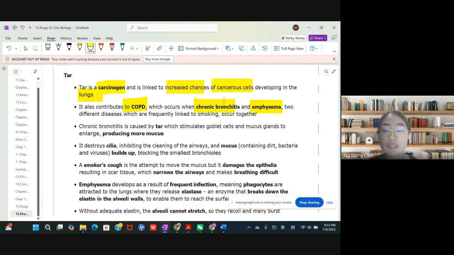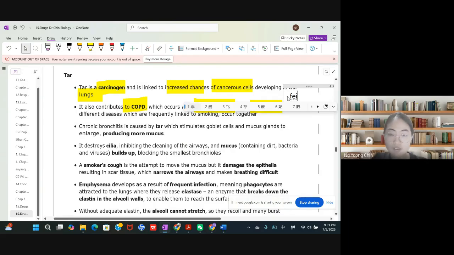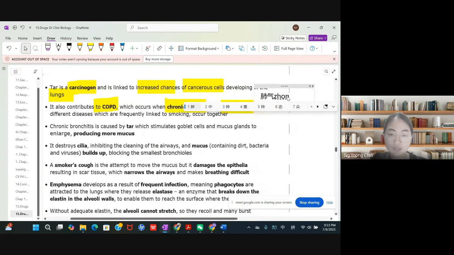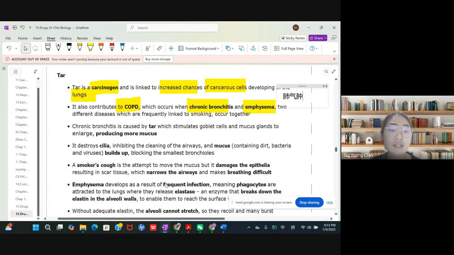Chronic bronchitis in Mandarin is called 慢性支气管炎。Emphysema is called 肺气肿。肺部气肿。So these are two different diseases caused by smoking.